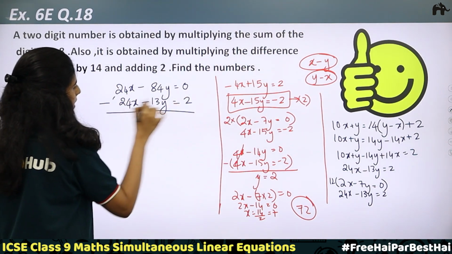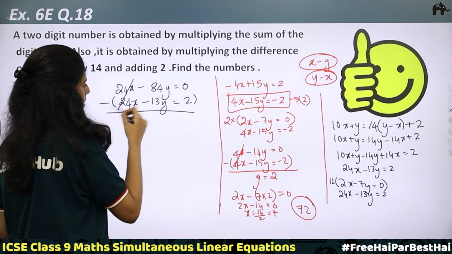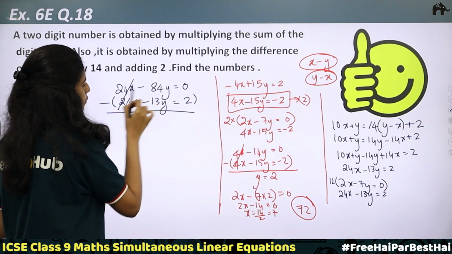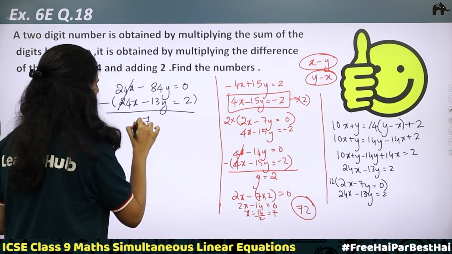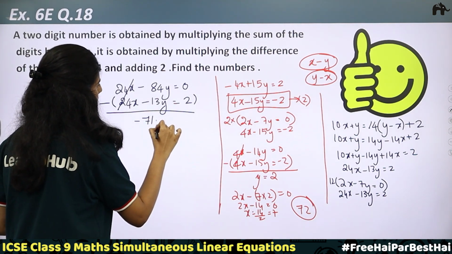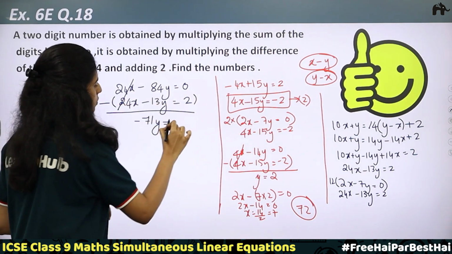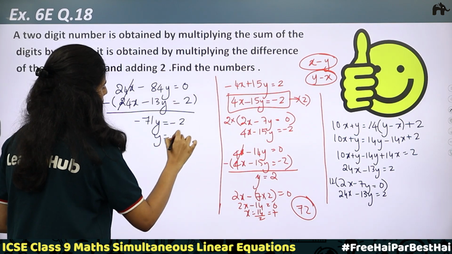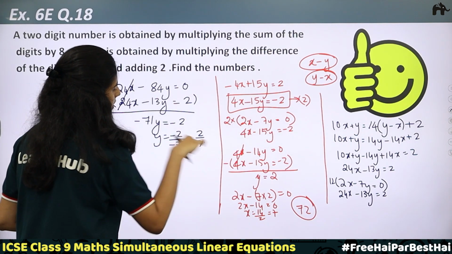Okay, subtracting the second equation from the first equation, 24x gets cancelled, minus 84y plus 13y, that is minus 71y is equal to 0 minus 2, which is minus 2. So y is equal to minus 2 by minus 71, which is 2 by 71.